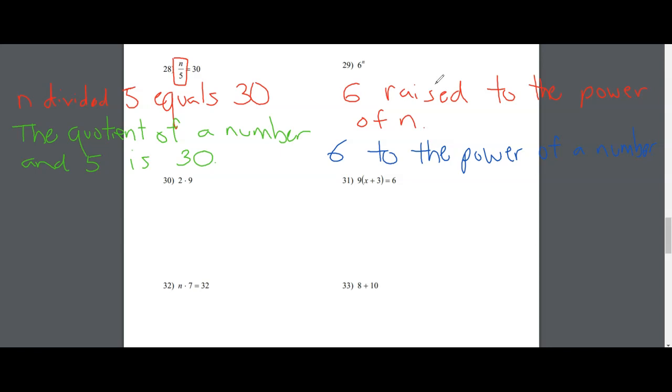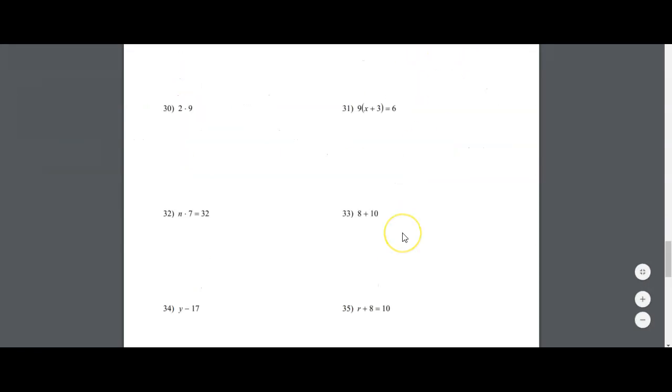Let's quickly do one more. I know we're at 15 minutes, but we can squeeze in one more. I'm going to go to 35. Very last one. So 35 is an equation. And on the left-hand side, we have r plus 8. So there are many words to represent addition.